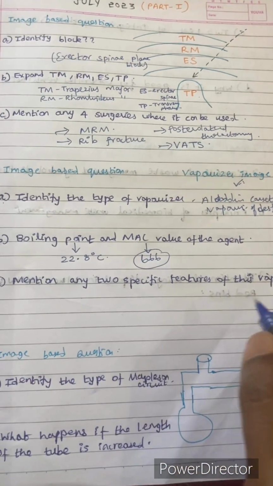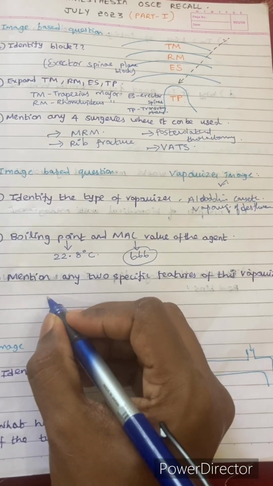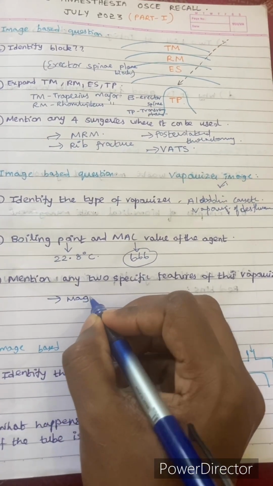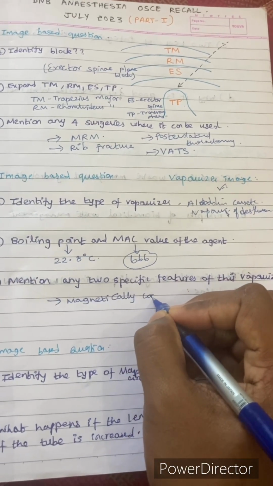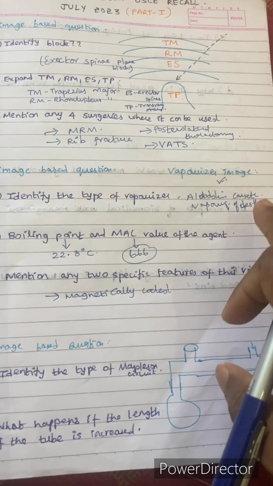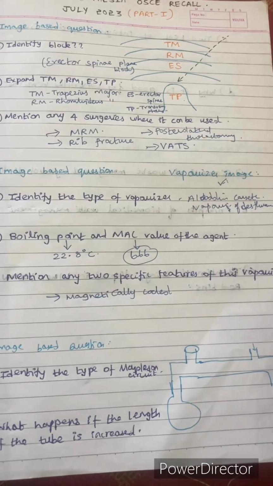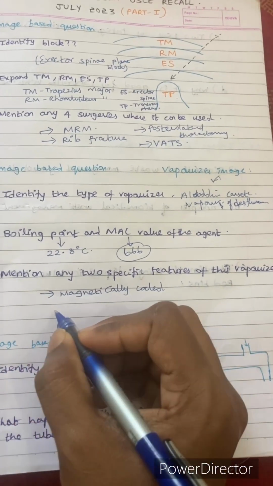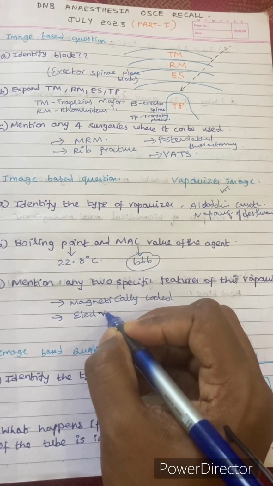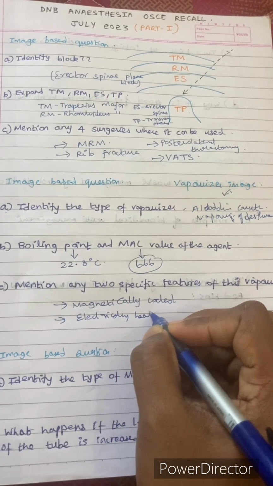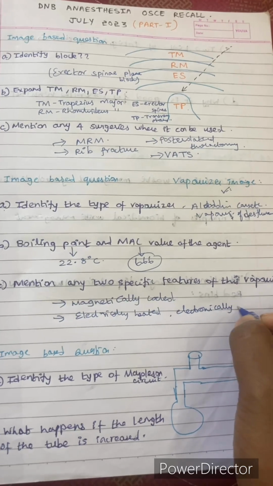Coming to the third question, mention any 2 specific features of this vaporizer. The Aladdin cassette vaporizer is magnetically coded and color coded, so only one vaporizer can be attached to the machine at one time and you can't fix another vaporizer in it. Another salient feature is that it is an electrically heated, electronically controlled flow over type of vaporizer, and temperature compensated.